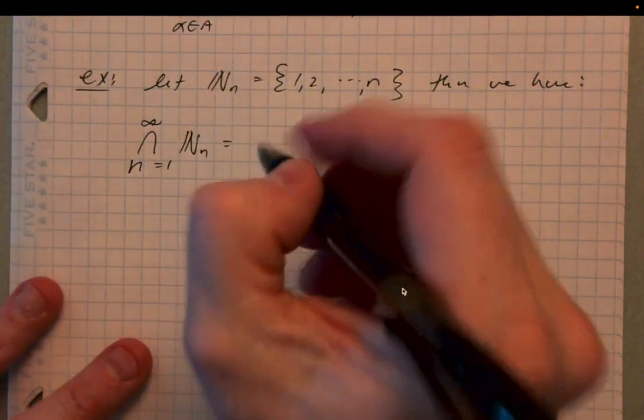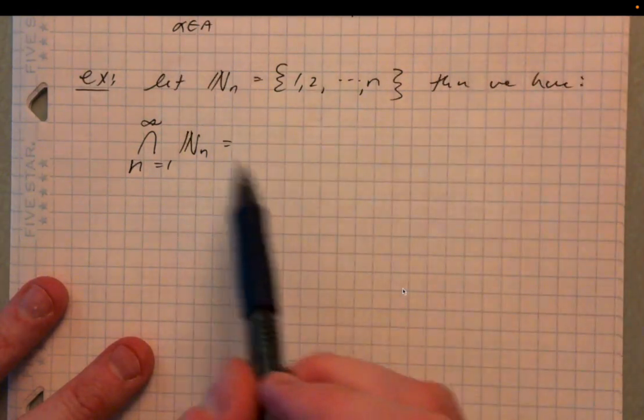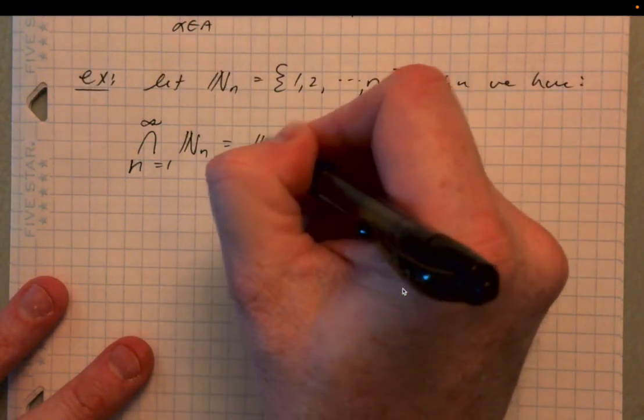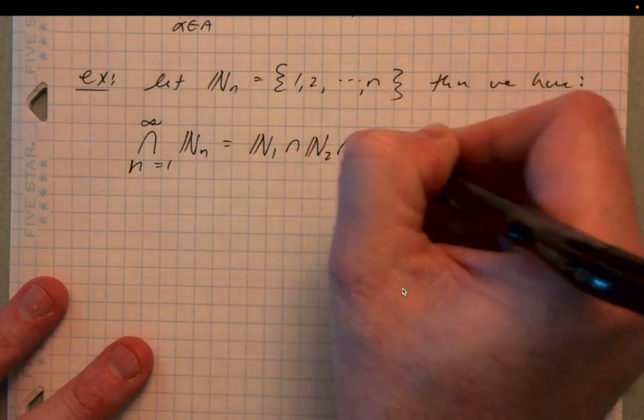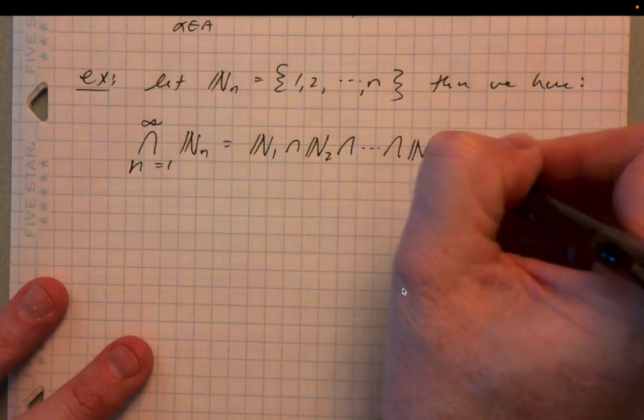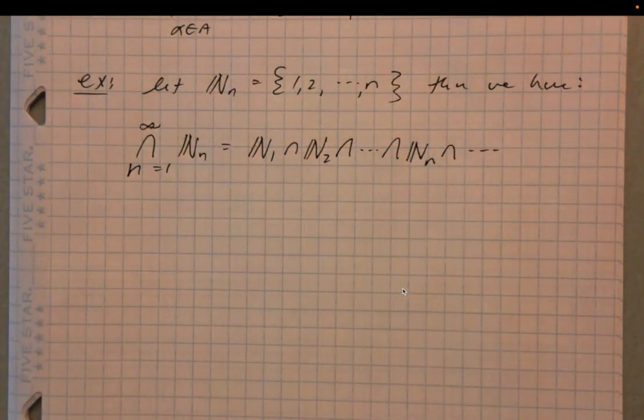Well, think about what that is. That's all of the elements that are in N sub 1. So you can think of it like this. It's all of the elements that are in all of these subsets.